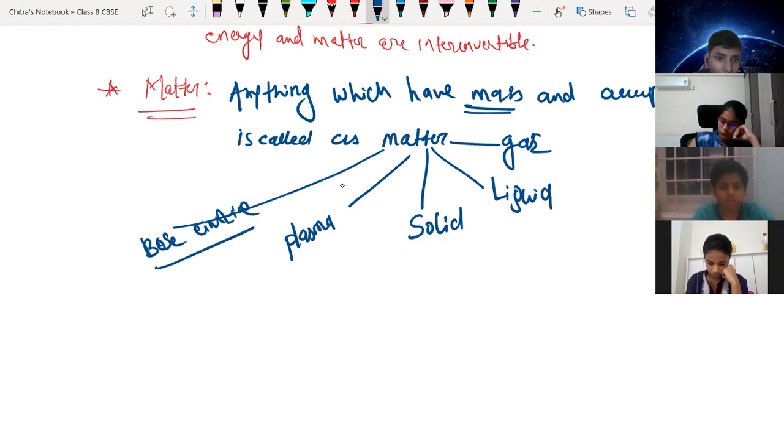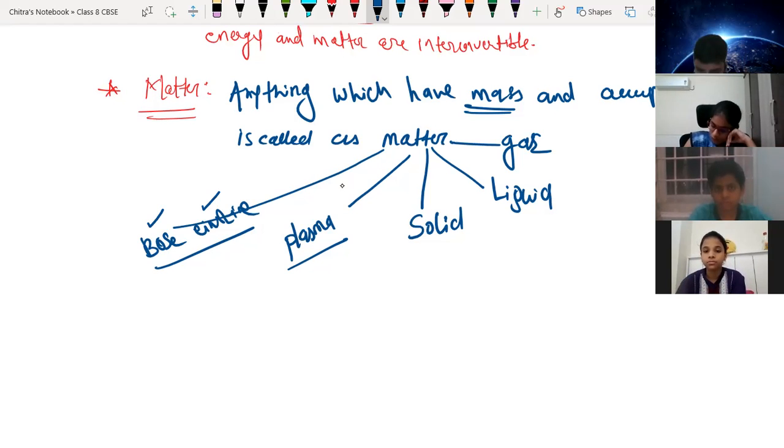You know what Bose-Einstein and plasma are? It is Bose-Einstein. You know Albert Einstein? His name is here, Einstein, and here we have Bose. In Bose-Einstein, boson particles are cooled almost to absolute zero.